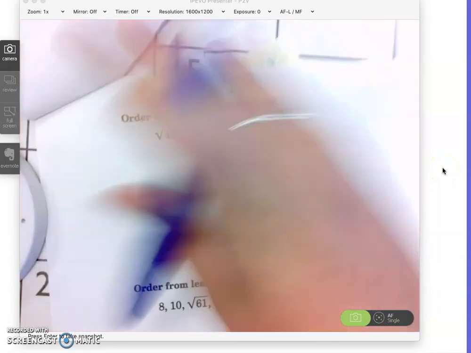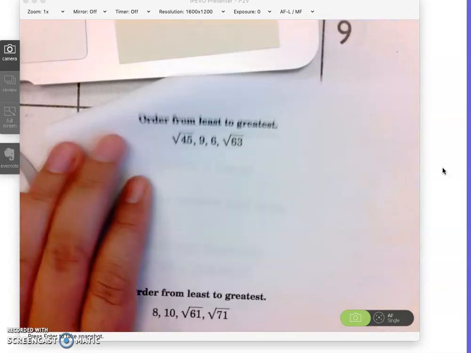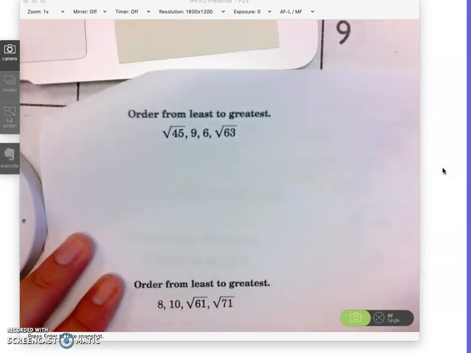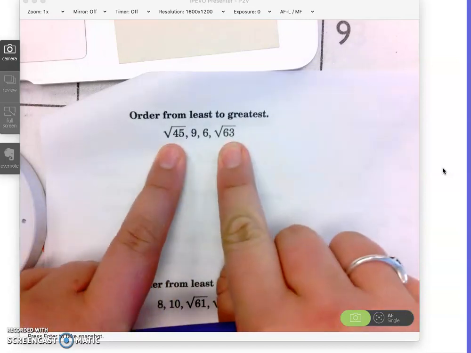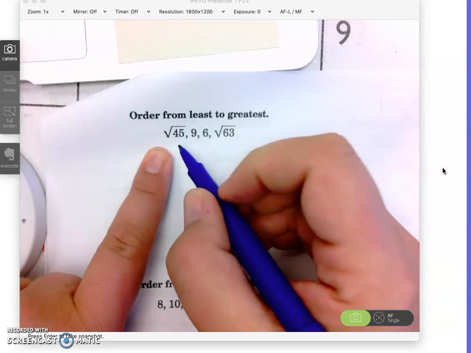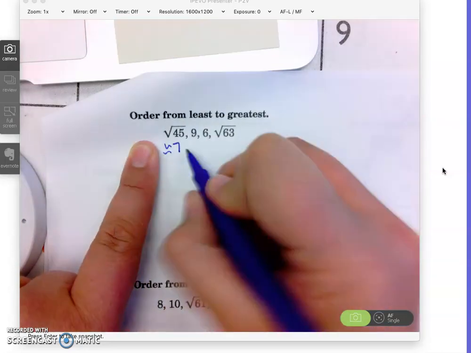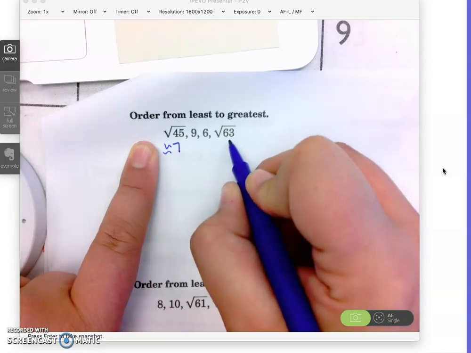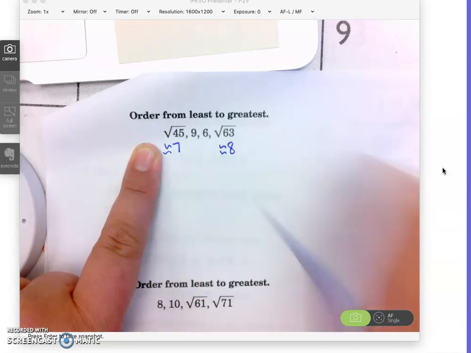Okay, the last stuff that we are going to do is ordering from least to greatest. And in this case, you're going to have to figure out what these numbers are approximately. So square root of 45 would be approximately 7, and 63 is really close to 64, which the square root is 8, so this would be approximately 8.